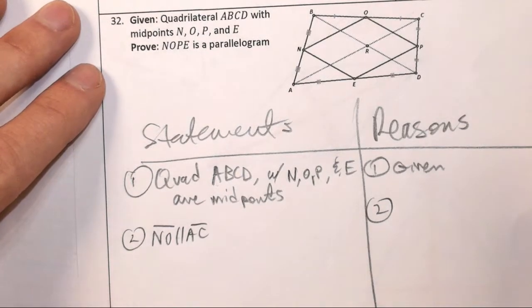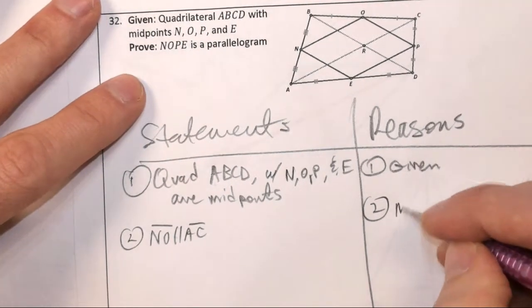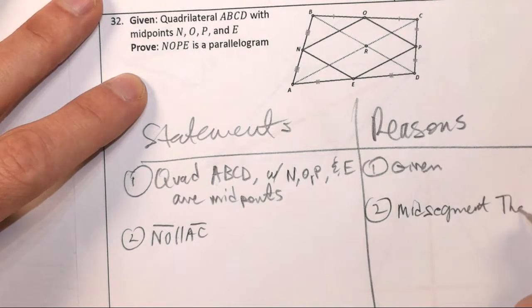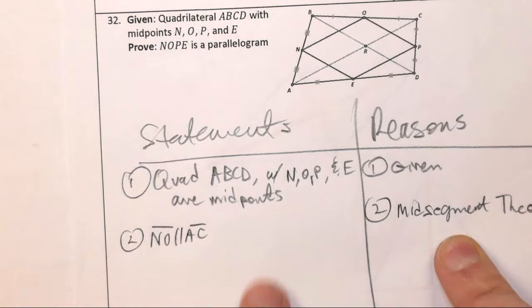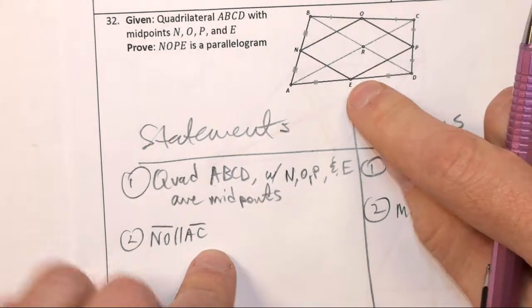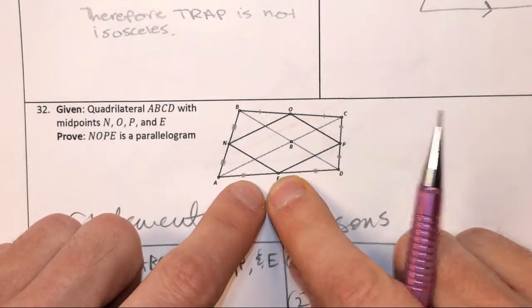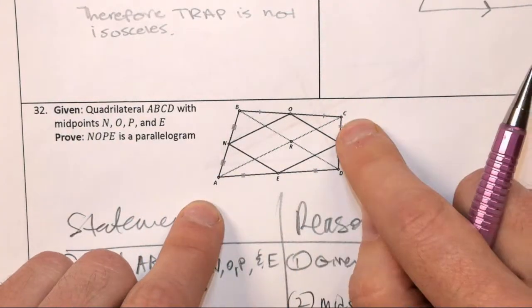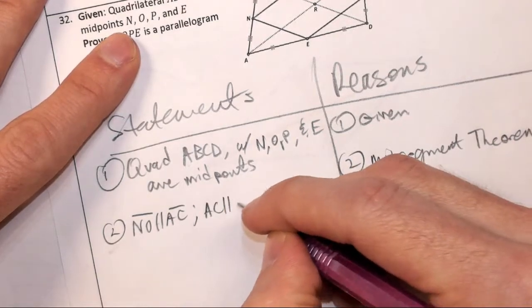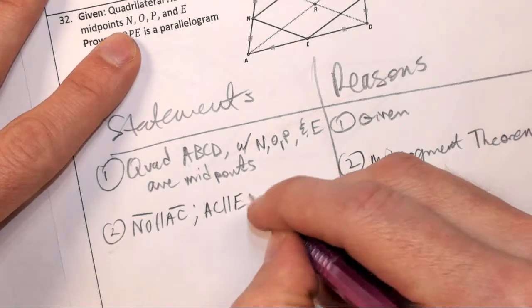What theorem is that? Yeah, it's the mid-segment theorem. Now, together with that one, I can put on the same line, because it's dealing with the same set of segments, I can also say that EP is parallel to AC as well. AC is parallel to EP.